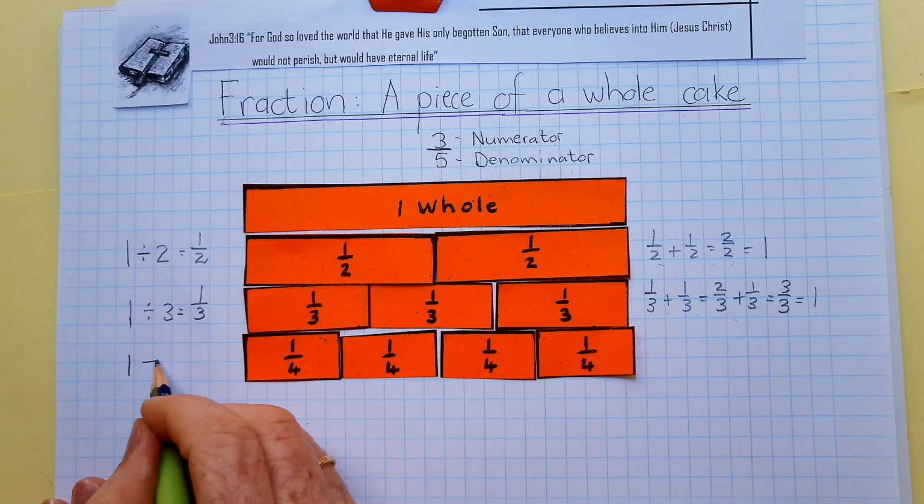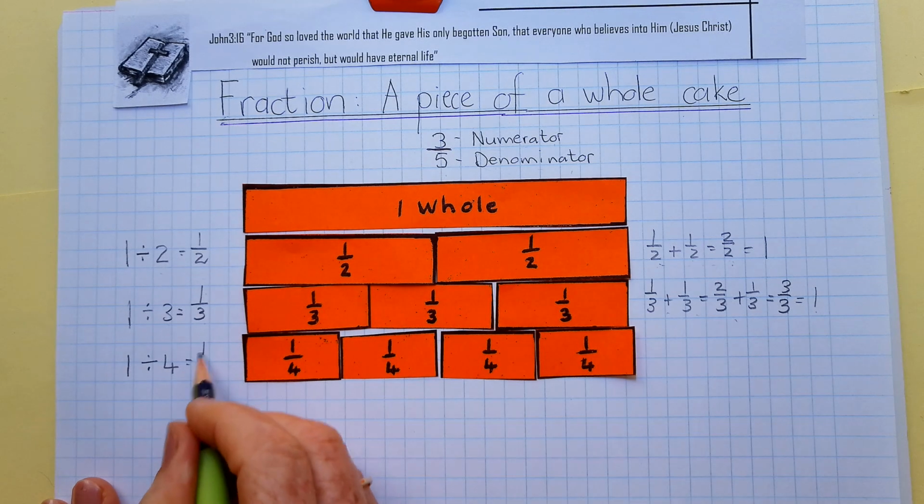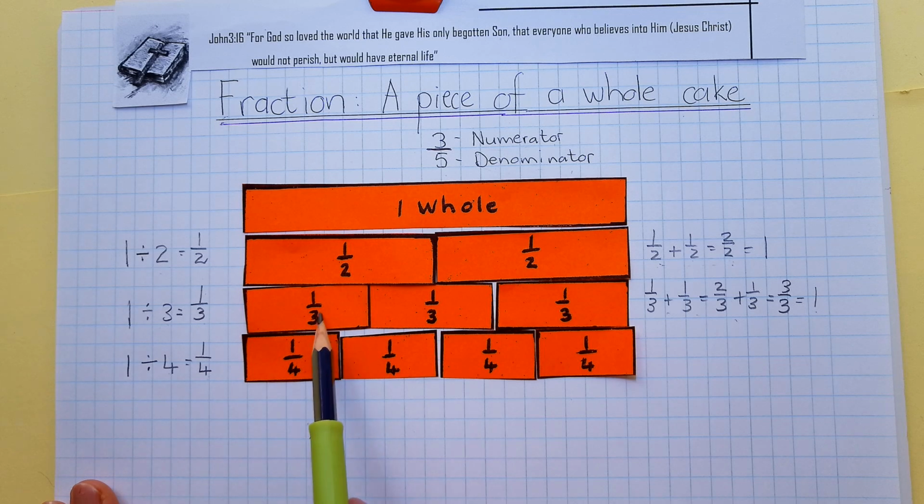So 1 divided by my 4 friends will give me 1/4, but we don't say one-fourth, we say one quarter. Denominator is the same, but 1/3 and 1/4 is not the same piece of cake.